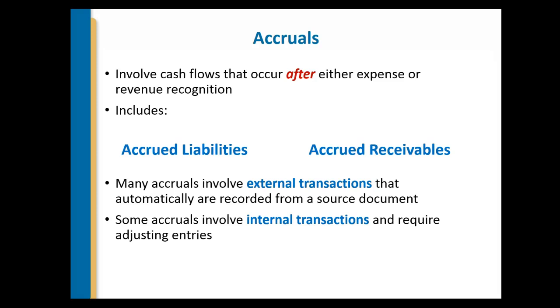There are some accruals that involve internal transactions and then require adjusting entries. But because accruals involve recognition of expense or revenue before cash flows, the unadjusted trial balance won't be as helpful in identifying required adjusting entries as it is with prepayments.